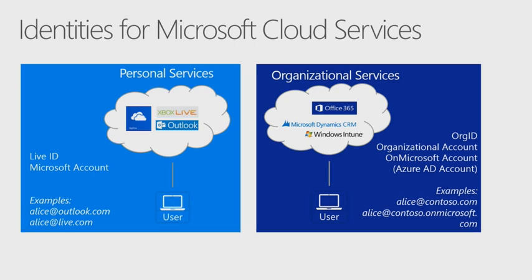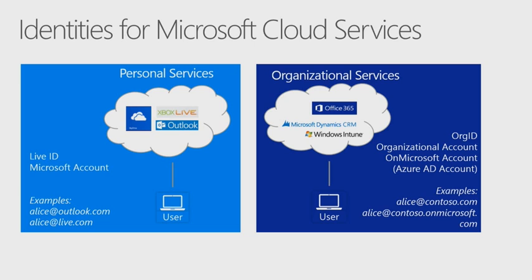Where we have a lot more names is on the right-hand side for organizational services up in the cloud, for things like Office 365, Dynamics CRM, Windows Intune. Sometimes I've heard people call them Microsoft accounts because they're always going to have that onmicrosoft.com domain name, right? They're also sometimes called org IDs, but the technical proper name these days anyway is organizational account.